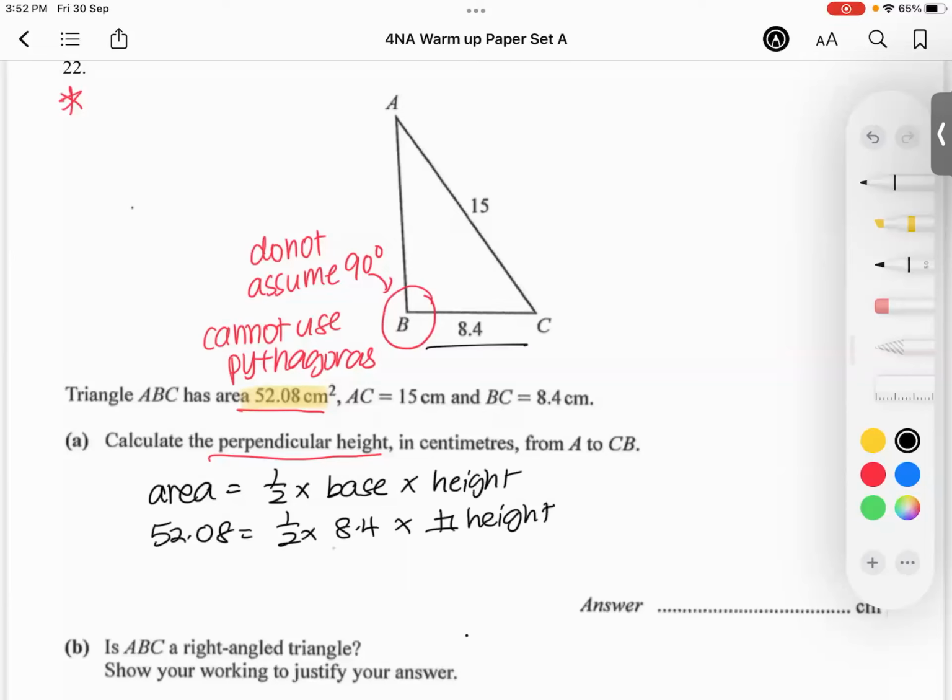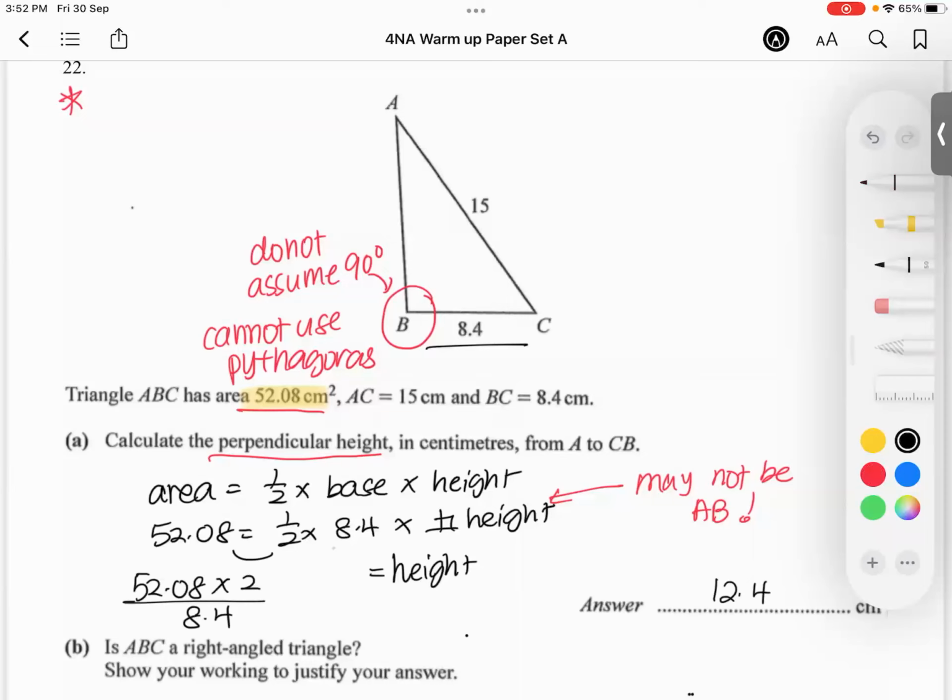This height may not be AB. Don't assume that it is. So I want to find the height itself. I bring it over: 52.08 times 2 divided by 8.4 gives me the answer. I got the answer h to be 12.4 cm.